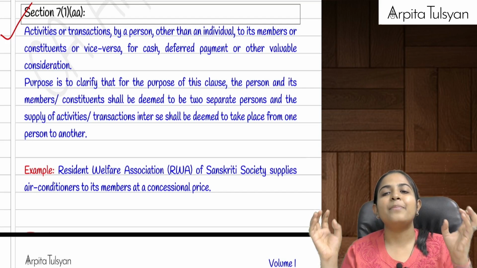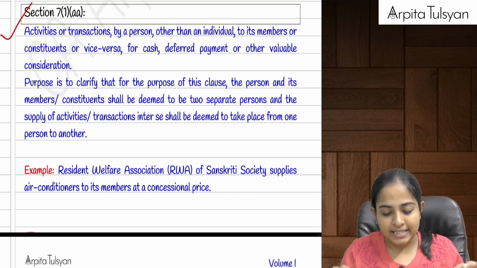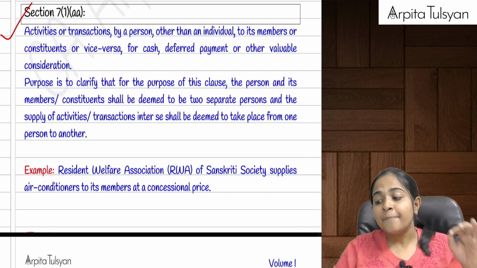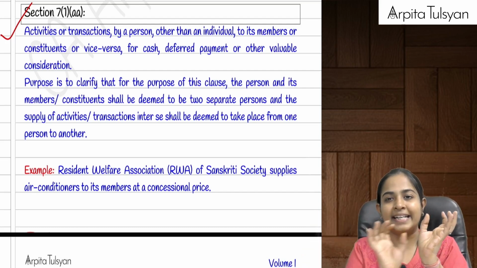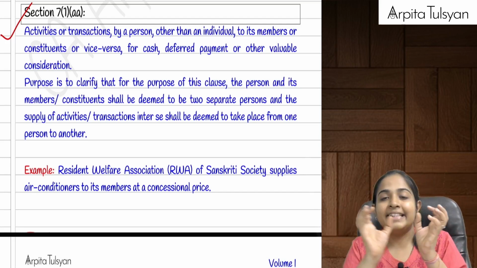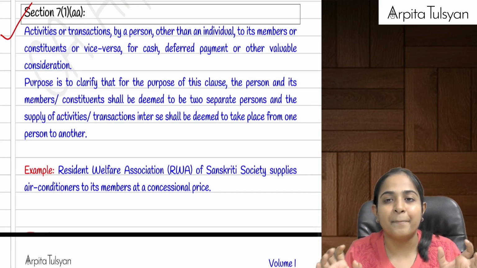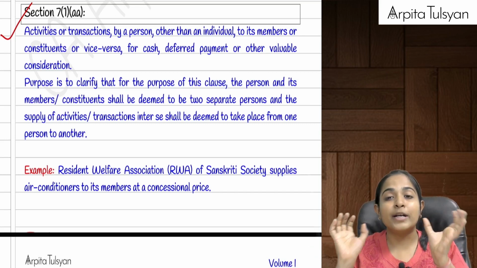Whenever any transaction takes place between these two persons, you cannot say that these are the members of the same entity. Even if these people are the members of the same residential entity, these will be considered as two separate persons, and the transaction will be considered as taking place between two different persons.